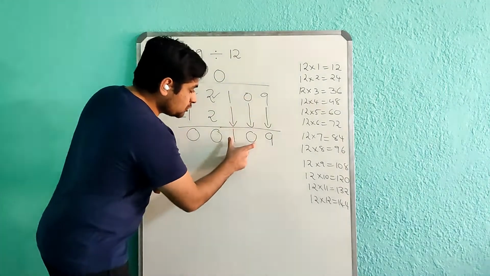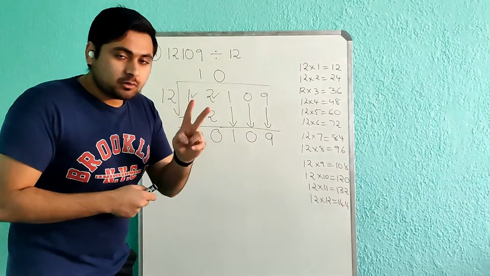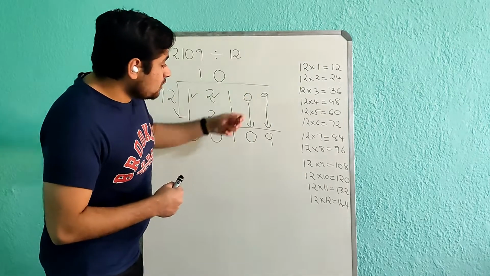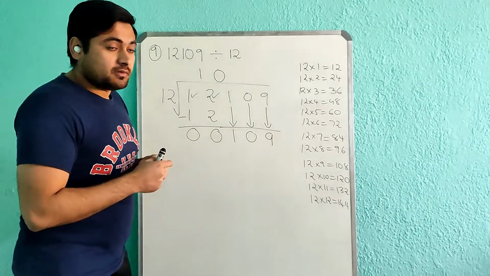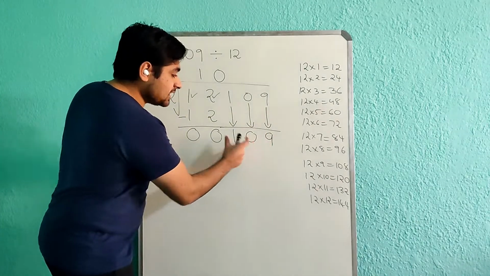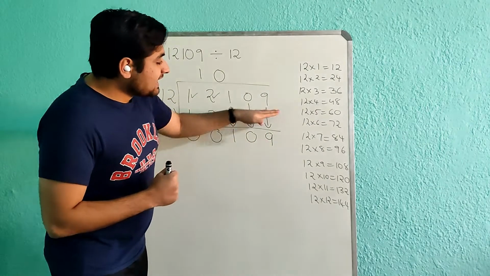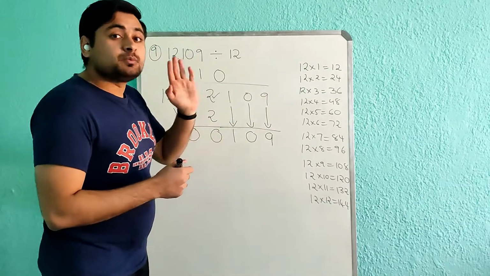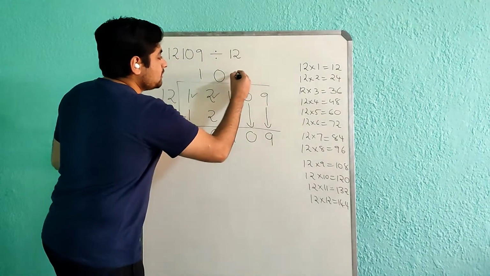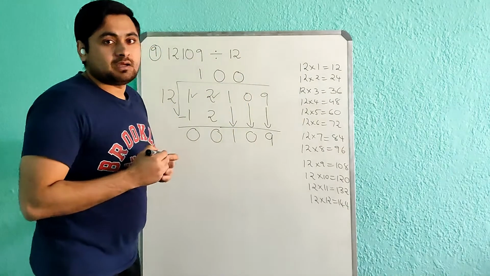We brought 9 down, that's only 1 number, so we put a 0 again, right?